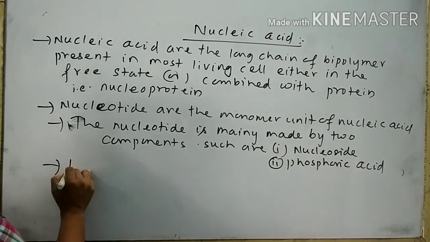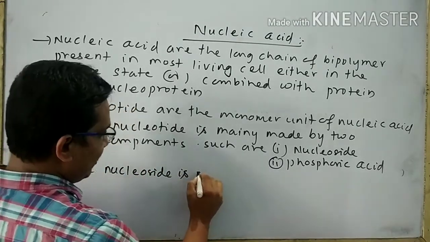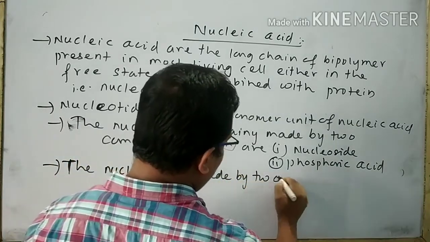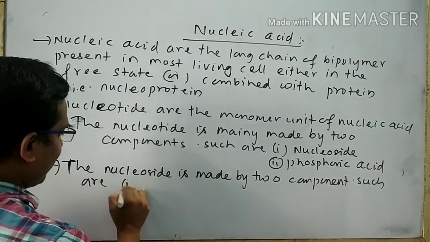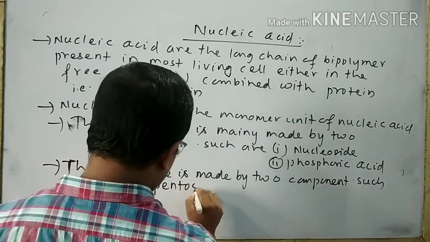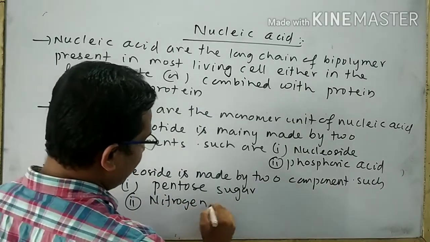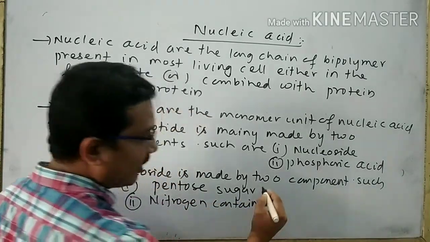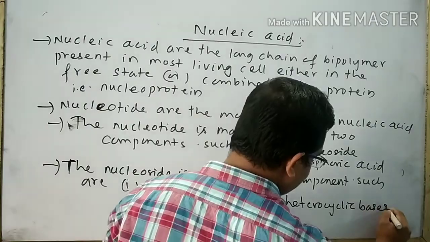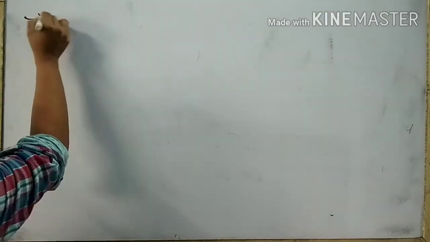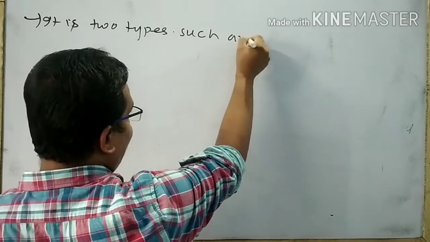So we can write: the nucleoside is made of two components, such as number one, pentose sugar, and number two, nitrogen containing heterocyclic bases.